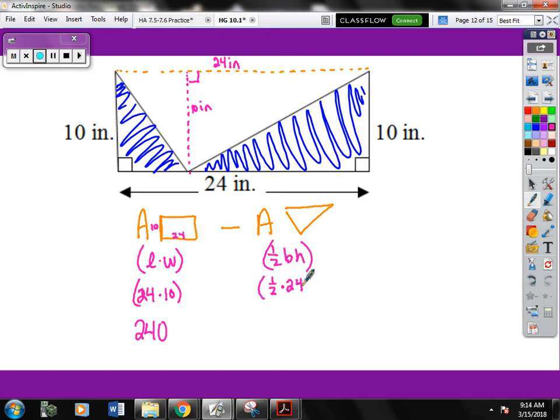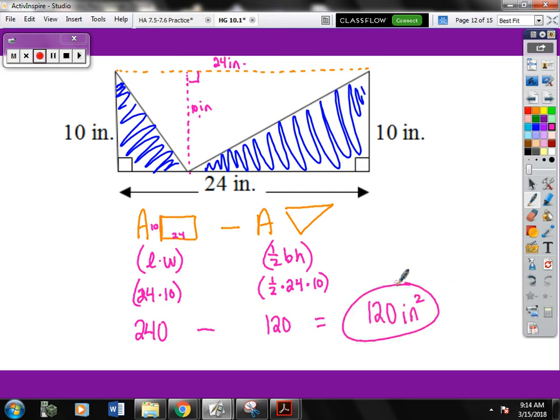That would be my base. This would be my height. Which would get me 120. And then at the end, we'll subtract those and get 120.